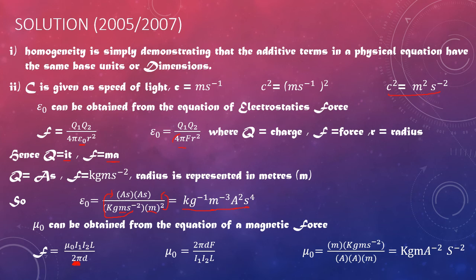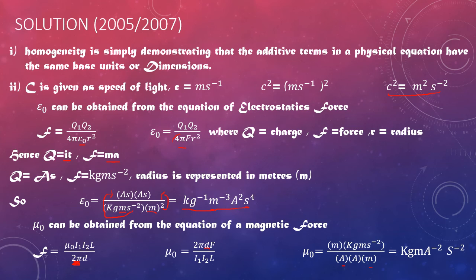Hence, d is distance, which is length, and is going to have units. F, force, is kilogram meters per second squared. I is current, and current has unit amperes. So there are two of them, so they are going to be squared, and if they move up, they tend to negative 2. And L, which is still a length, is still going to be meters.